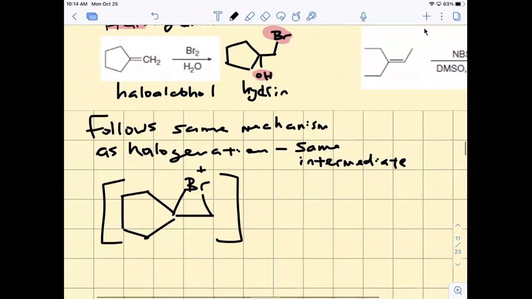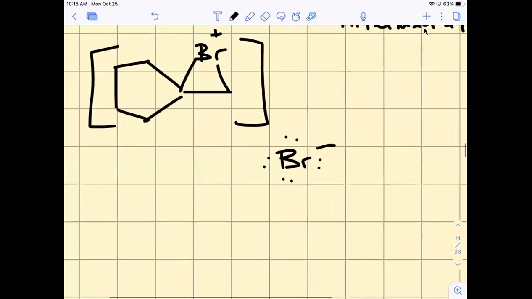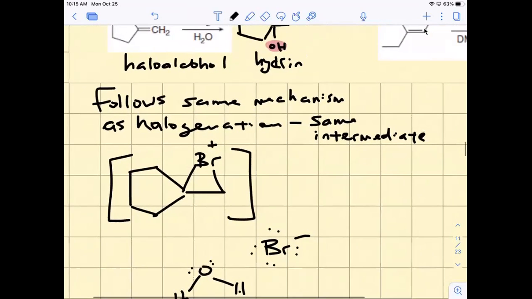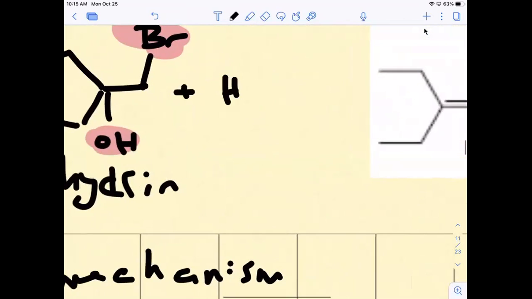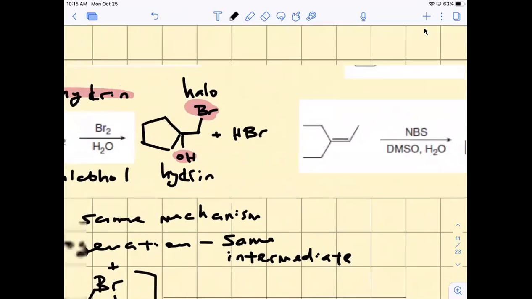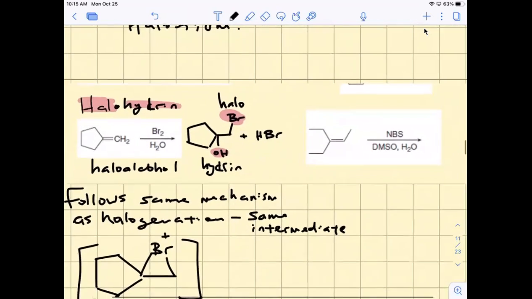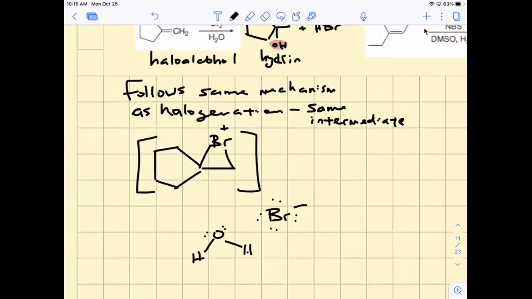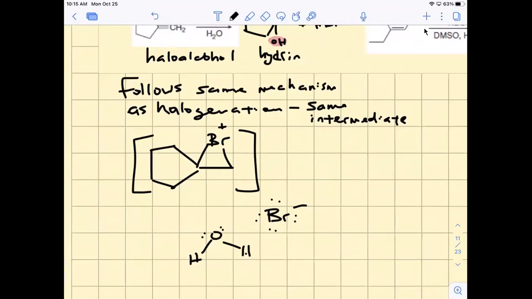but I also have water. All right, and let me put as a side product here, plus HBr. Right, so I have the bromonium ion intermediate, and now it can get attacked by water or bromine.